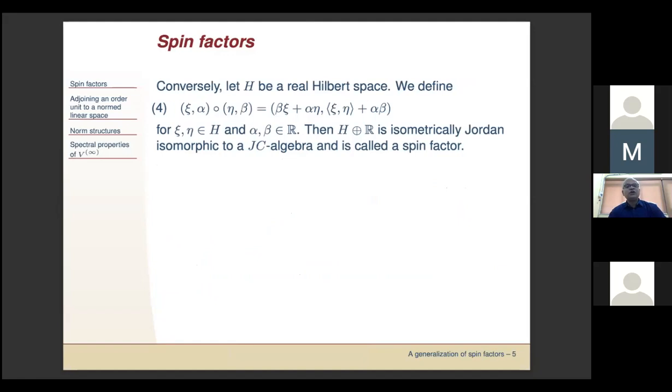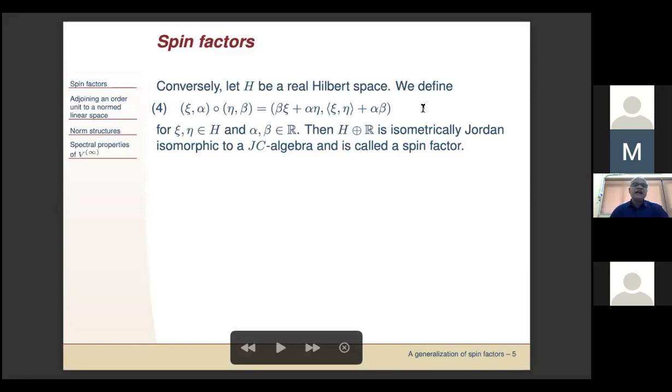The converse also holds. Let's go abstractly now. Take H to be any real Hilbert space and define a product, the little o product, of (xi, alpha) with (eta, beta) to be (beta xi + alpha eta), which is just a linear multiplication, and in the scalar part we take the inner product of xi and eta added to the product of alpha and beta.